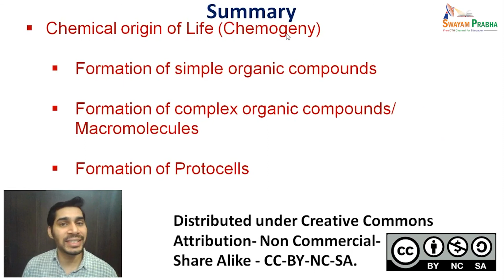After that, we discussed the chemogeny part of the biochemical origin of life, where we discussed how simple molecules, simple organic compounds form, leading to the formation of complex compounds, and then the formation of protocells in the form of coacervates or microspheres.